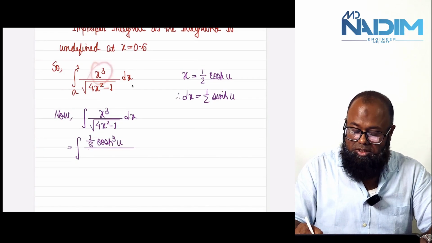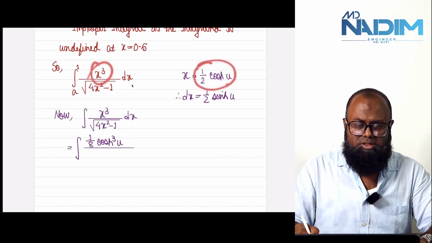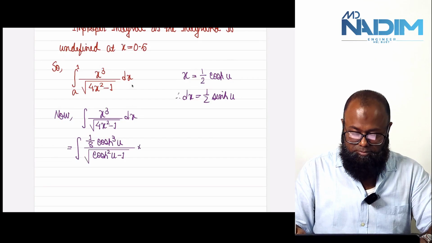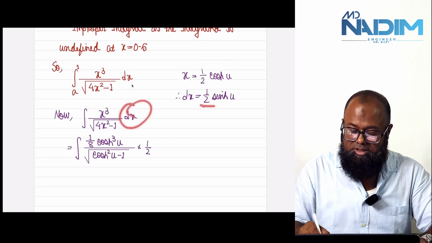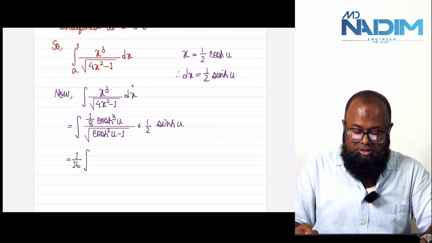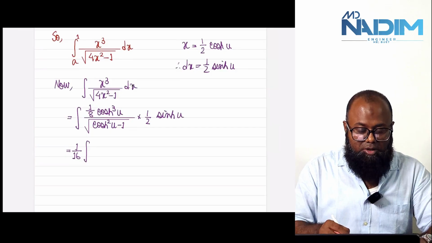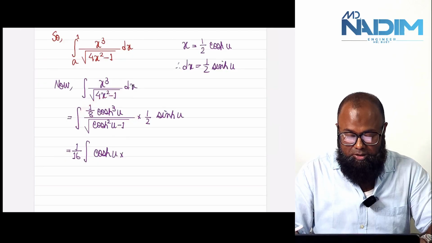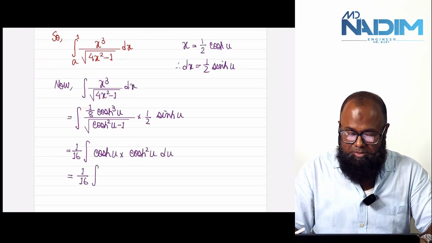X cubed is equal to 1 by cos cubed x, and root over 4x squared minus 1 gives you this. And dx is half sine u. That means now if I integrate this one, first of all, I have to simplify, then I can go for the integration. So after simplification, you are getting this.